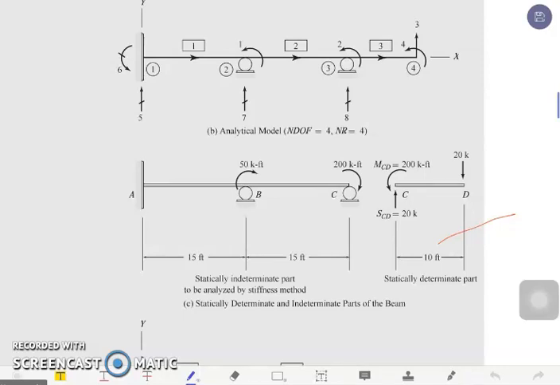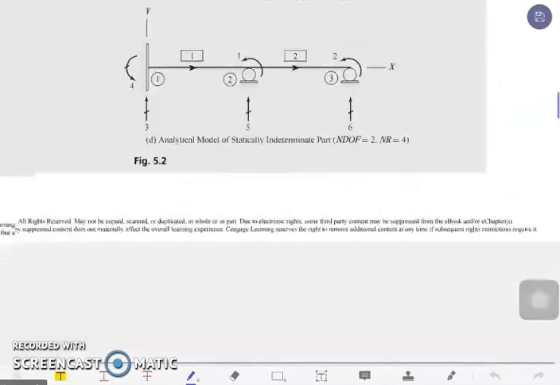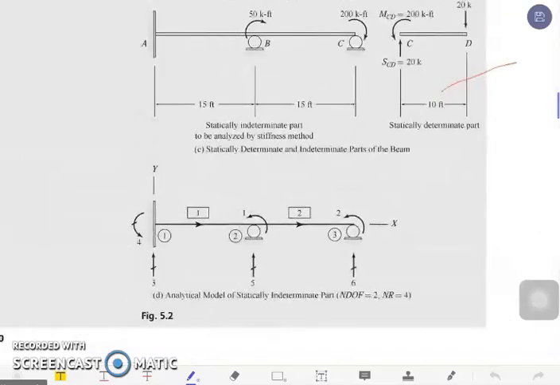What is required in the problem is to identify our joint load vectors. For this beam, there will be two joint load vectors, P sub 1 and P sub 2. These two joint load vectors will be equivalent to the external load that is acting on our original beam.